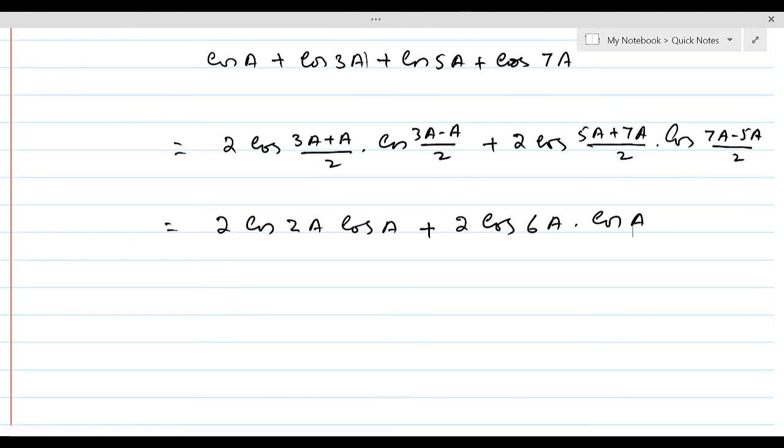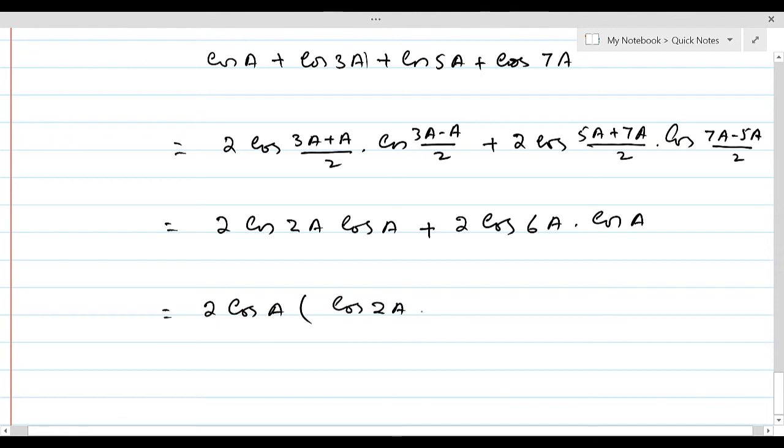And now we can take 2 cos of A common outside, and what we will have inside is cos 2A plus cos 6A.